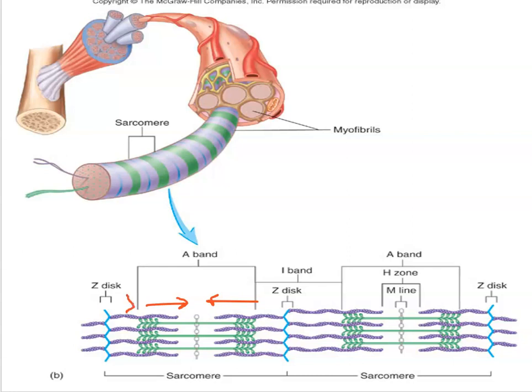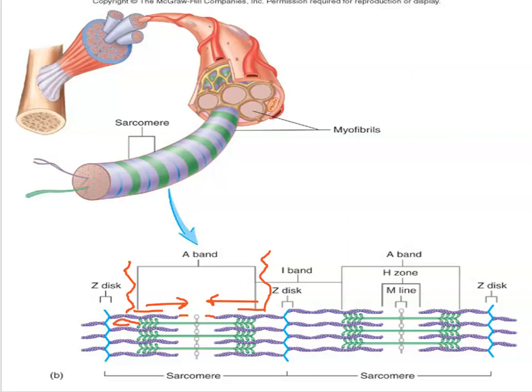So Z discs will move closer together. More of that actin is going to overlap with the myosin until we'll see in a fully contracted muscle there's pretty much no H zone, totally disappears as we see more overlap here. And there's almost no I band either, right?